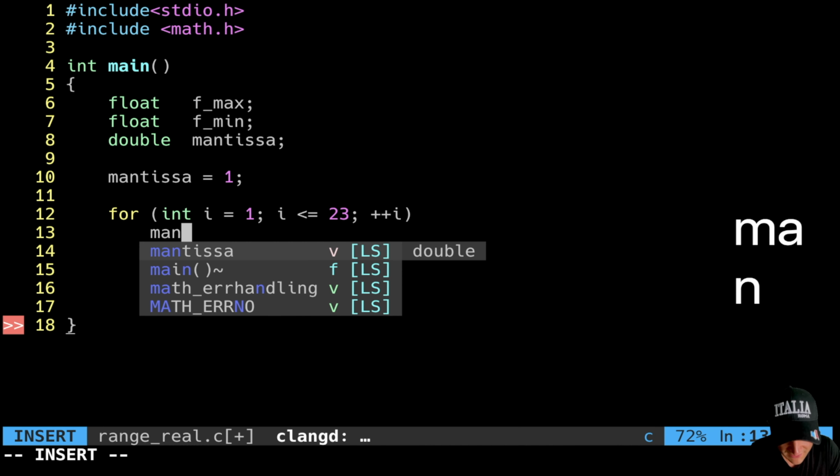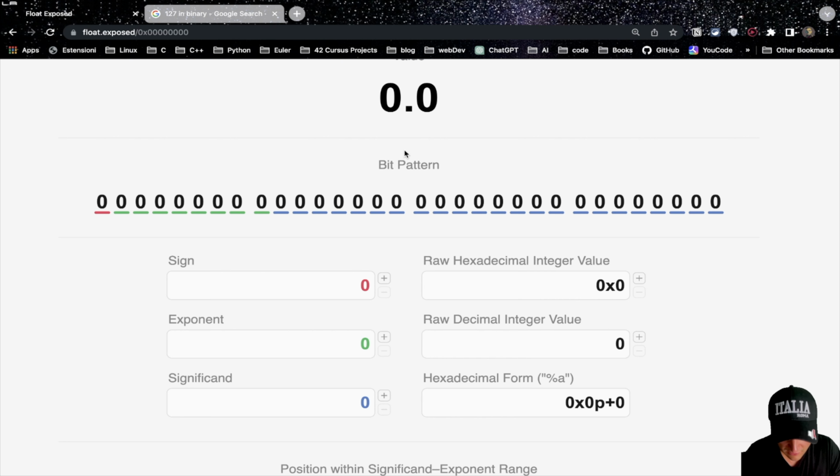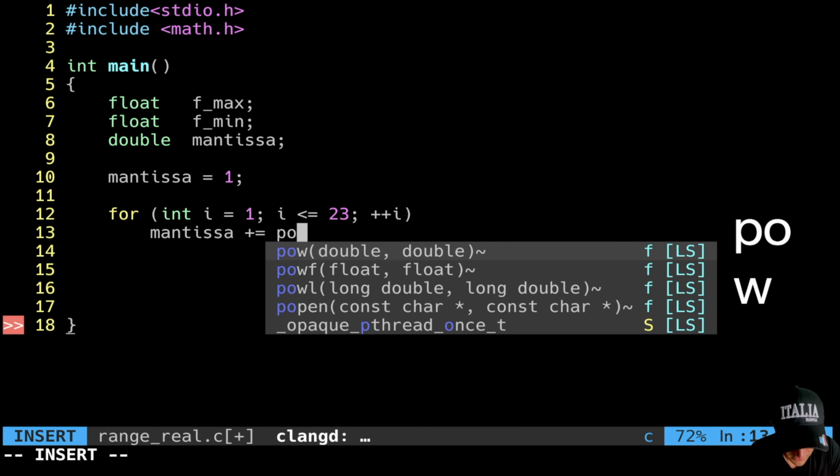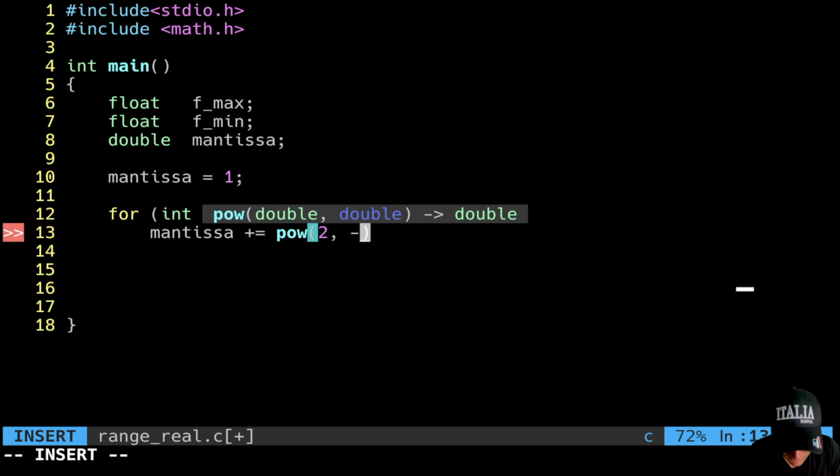I have to say mantissa plus equal. In my float max, I want to turn on all these values, right? So I'm going to do plus 1/2. So 1/2 is 2 raised to minus 1. So here I hope you understand powers of negatives. Otherwise, just watch a video on YouTube. It's super simple. So you do power of 2 to minus i. You see?